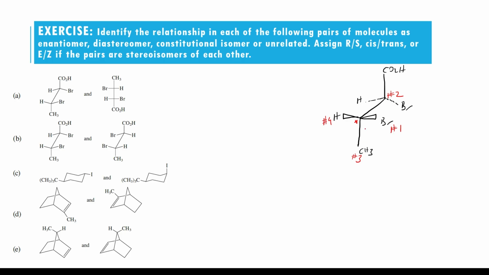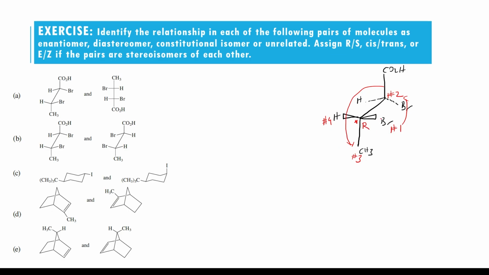If we go 1, 2, 3, from 1 to 2, 2 to 3, the rotation is counterclockwise, and we normally say this is an S configuration if the hydrogen is going inside the plane. But here it's the opposite, so instead of saying S, we have to say this configuration is R.